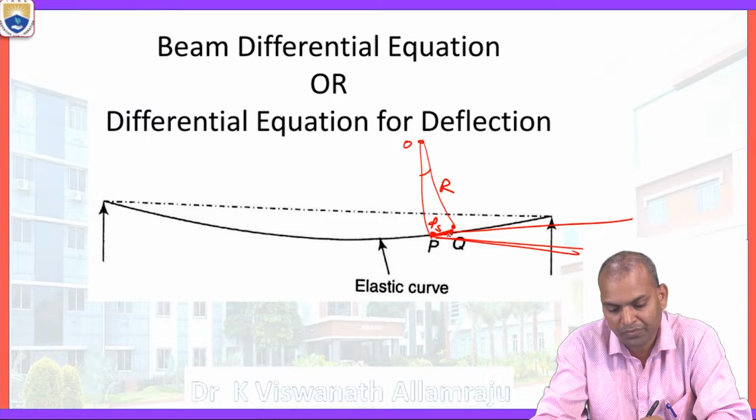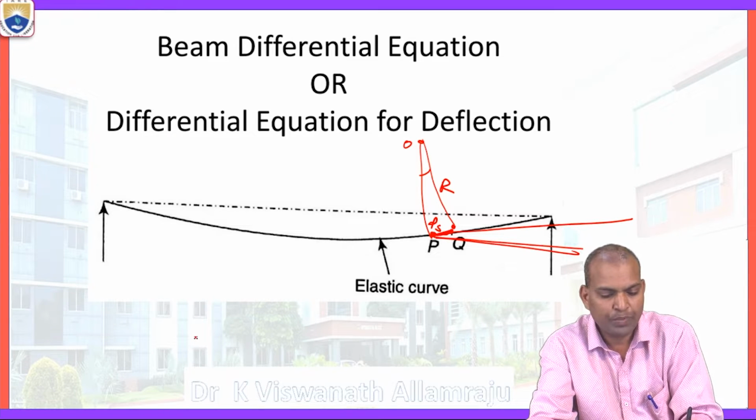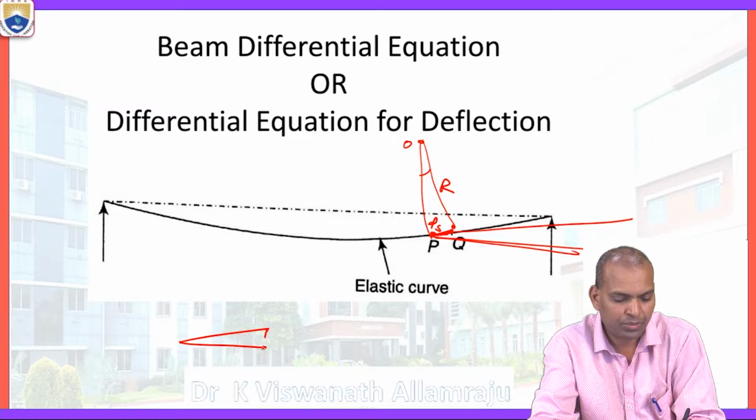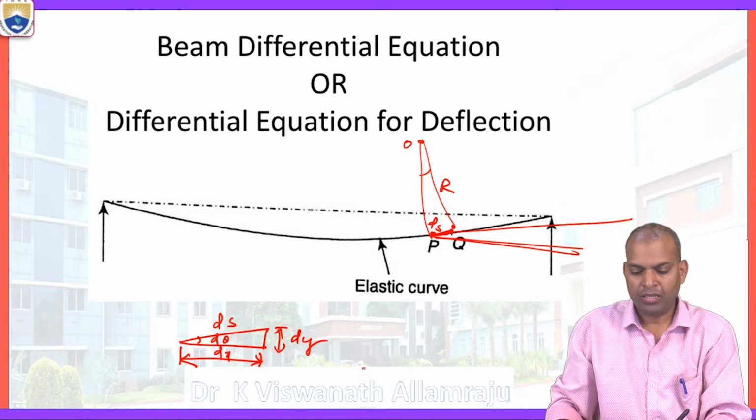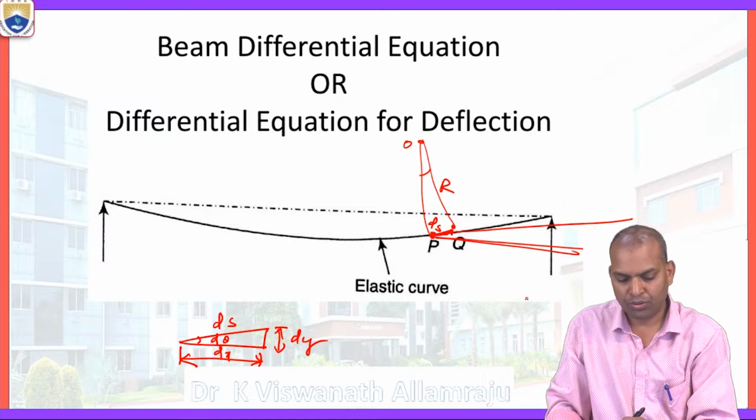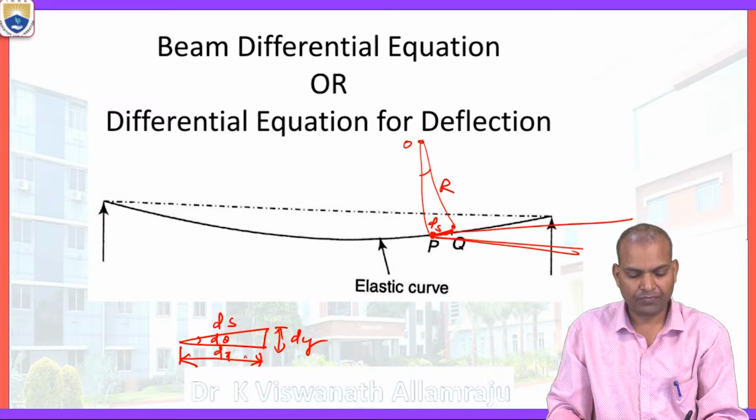And there is a slope of inclination. So the slope is denoted by d theta. Suppose it is ds and it is d theta, the horizontal distance is dx, and the vertical deflection is dy. So at these points P and Q, the slope is d theta and the deflection is dy for a span of dx.